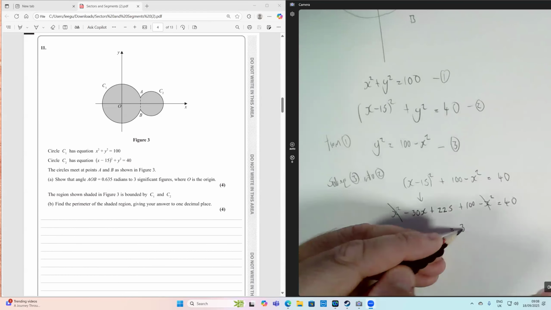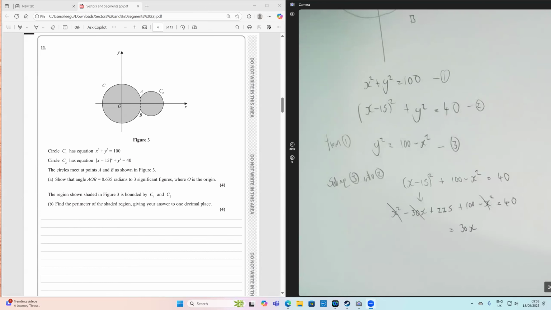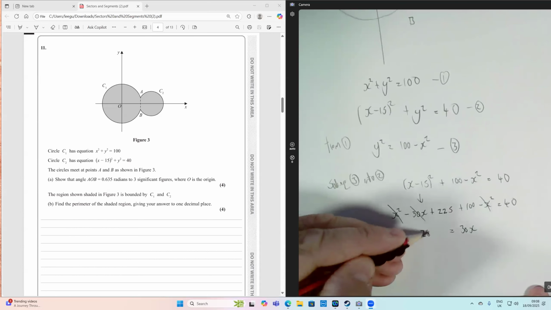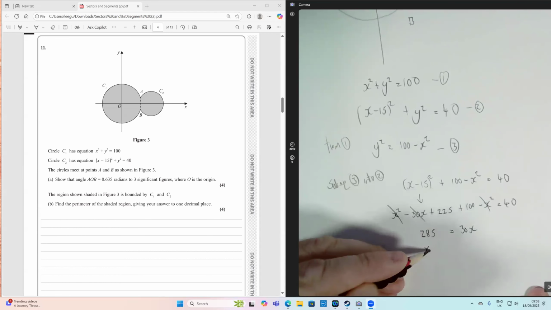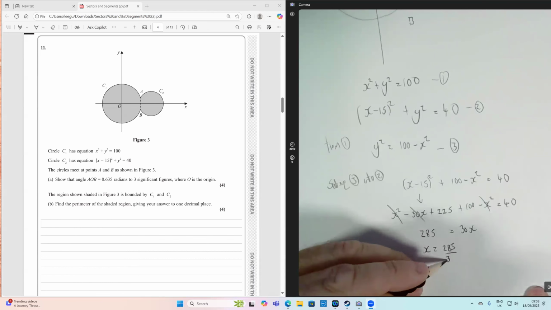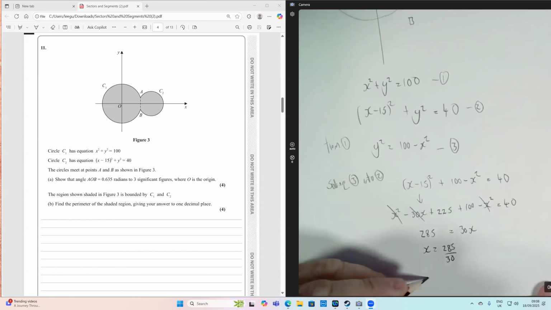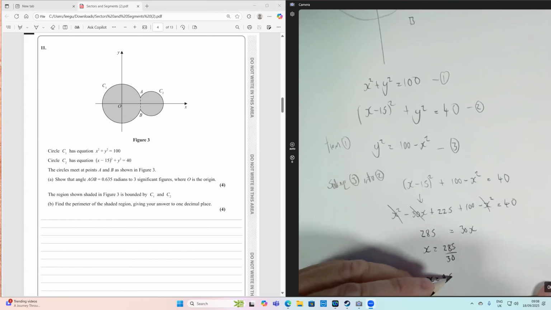So that is 30x. I'll just pop that over onto the right-hand side. And then we've got 225 plus 100 minus 40, which is going to give us 285. So our x is 285 divided by 30, and that gives us 9.5. Okay, x is equal to 9.5.